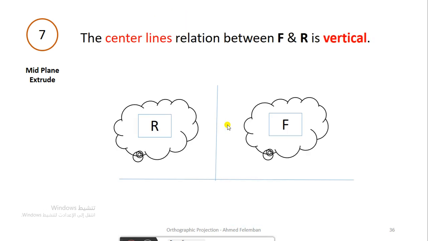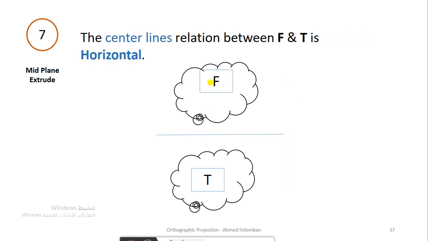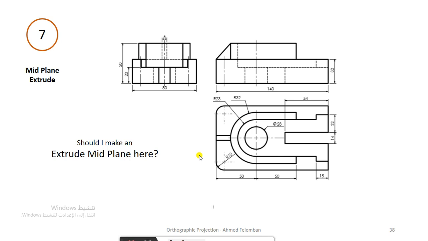If you have just front and right, the center line has to be vertical for either of these. If you have just front and top, you don't have the right, so the imaginary center line has to be in the middle, but horizontal, for the front or for the top.